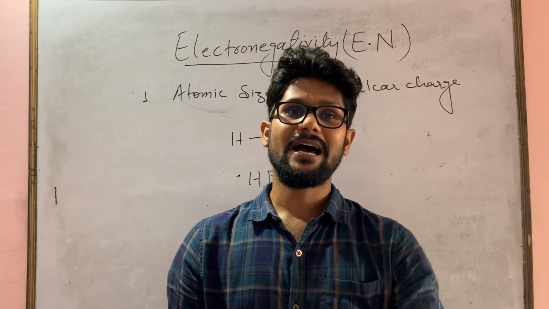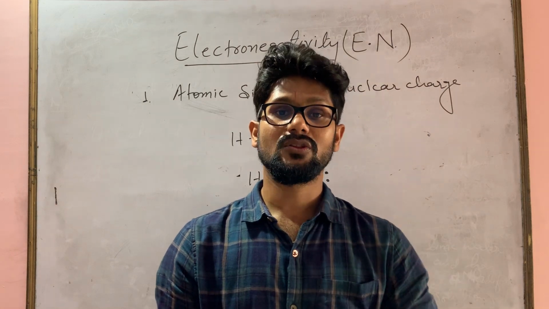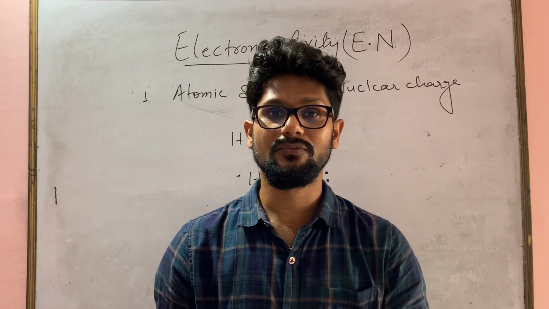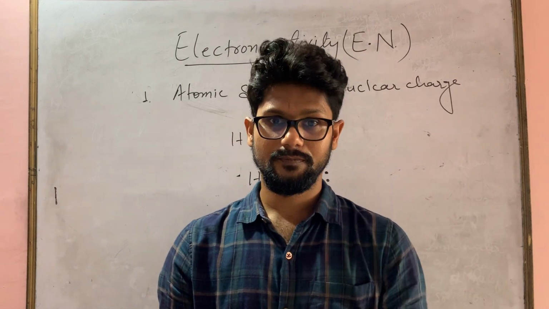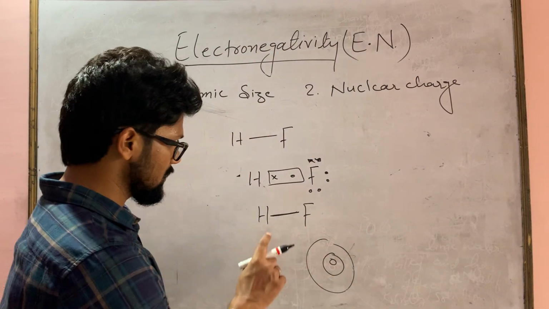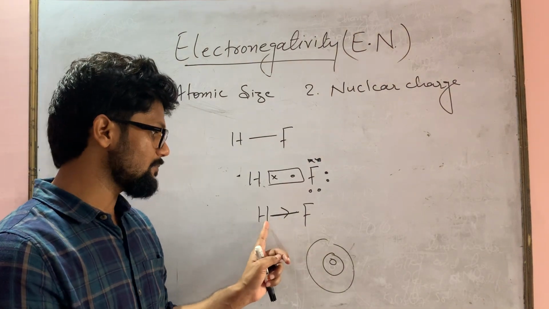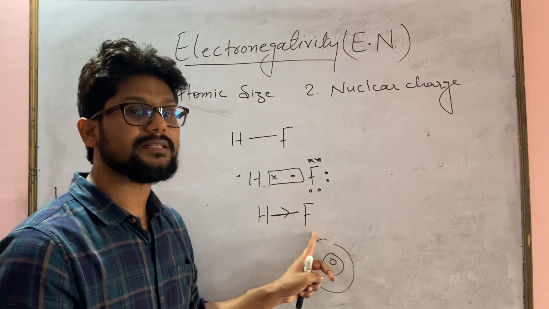It means it has more power to attract the shared pair of electrons towards itself. This fluorine will attract the electrons which are shared by both the atoms towards itself.